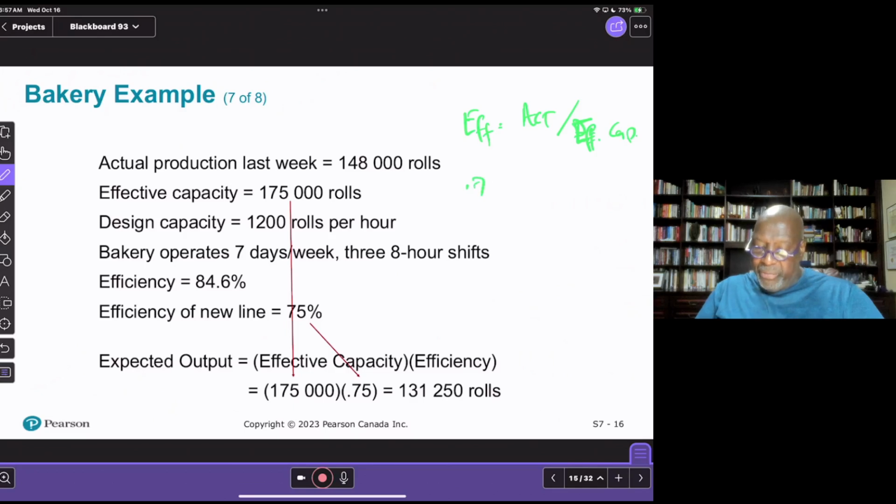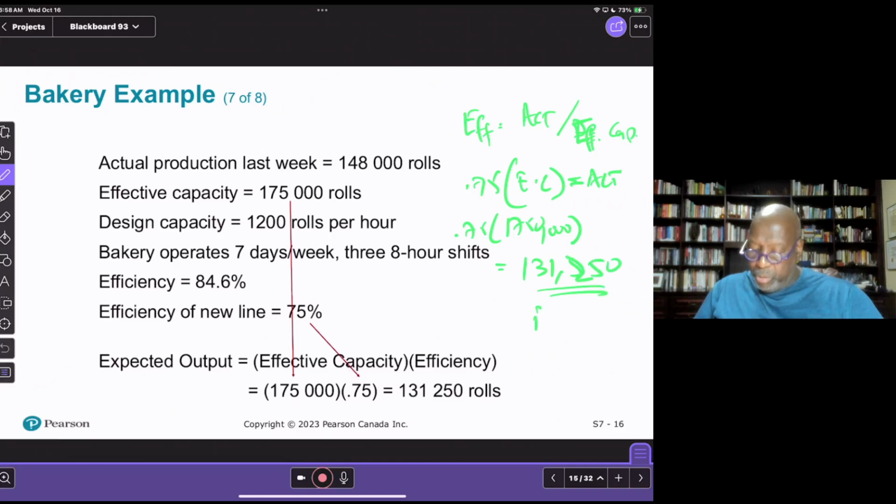So if that is 75%, 75% times the effective capacity will give us our actual production. Right? Just a matter of manipulating the function. And so in this case, 0.75 times 175,000 will tell us what our actual production or expected output is, which in this case is 131,250 rolls. All right, which is what we see here.